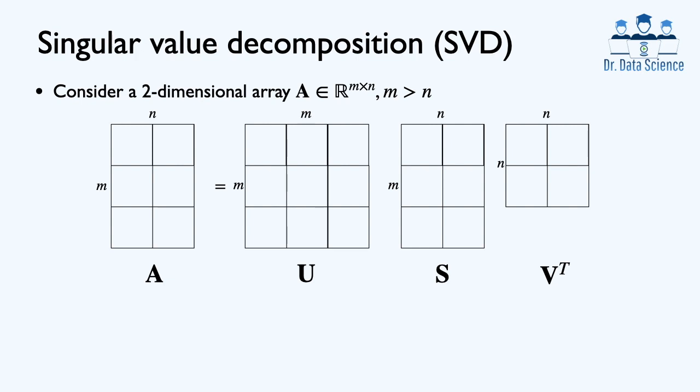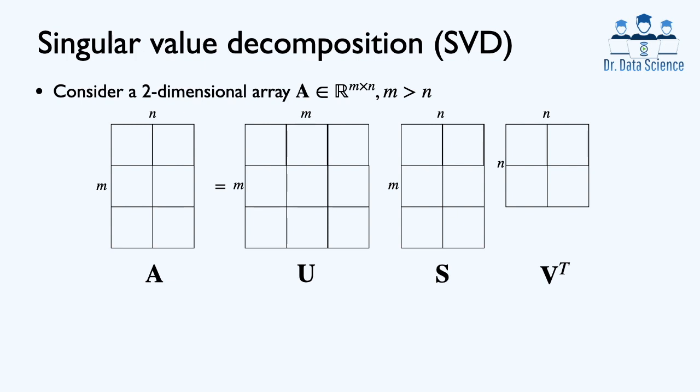With the singular value decomposition or SVD, we decompose the matrix A into three other matrices U, S, and V. Hence, A can be written as the product of U times S times V transpose. Just as a reminder, the transpose of a matrix simply means that the rows and columns get swapped.